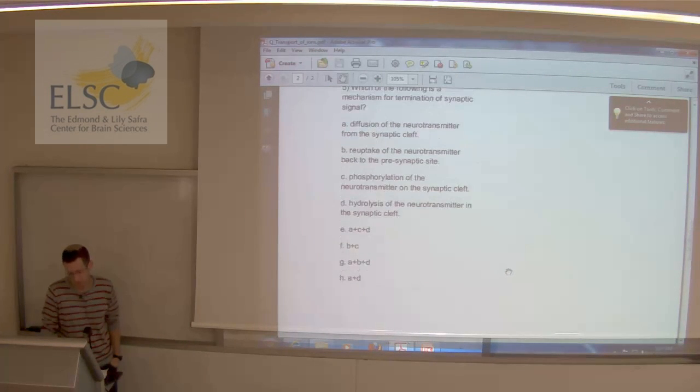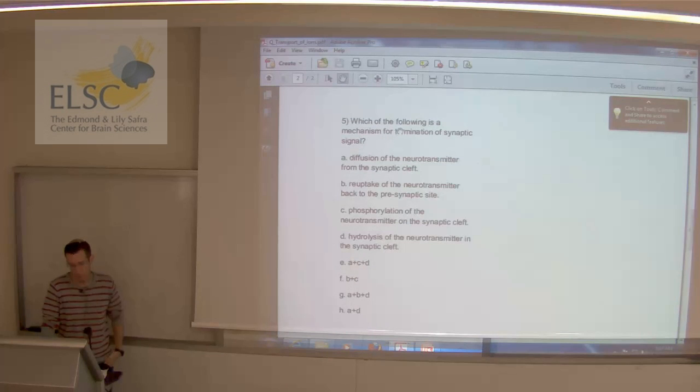Okay, last question. Which of the following is a mechanism of termination of synaptic signal? So we have A, diffusion of a neurotransmitter from the synaptic cleft. Yeah, just passive diffusion, so that's one of the mechanisms. B, reuptake of the neurotransmitter back to the presynaptic site.